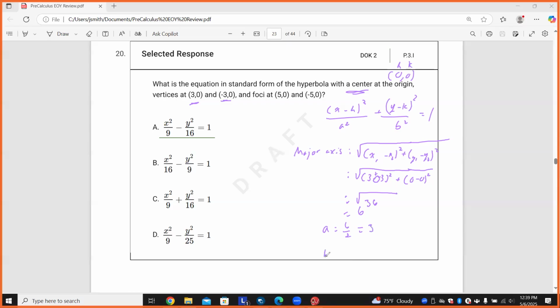Your b, I think it's just going to be the foci. We'll continue this process tomorrow, though. Three minus negative 3.